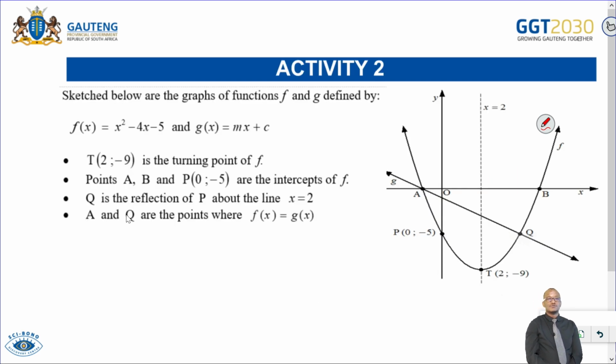Okay, let's go to activity number 2. Remember, it's important for our learners to read the statement and interpret the statement according to what is given there in our graphs. Okay, the statement reads as follows.